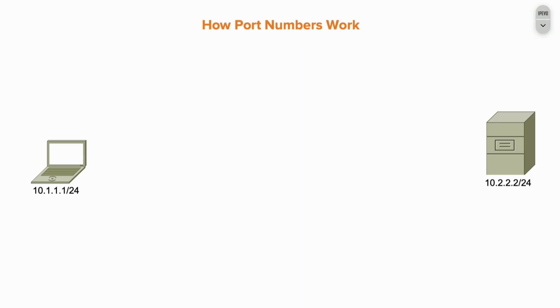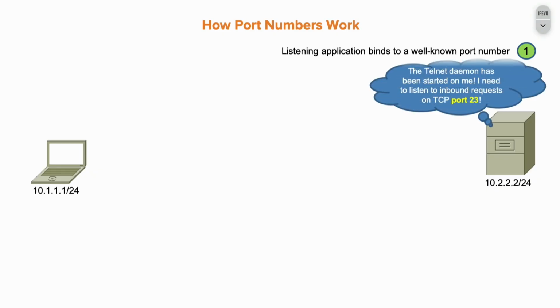Whatever they start up, that application is going to bind to a well-known port number. So let's say that we want that server on the right to be a telnet server. We want people to be able to log into it and then actually issue commands on it and get responses back. Well, telnet has a well-known port number of 23.